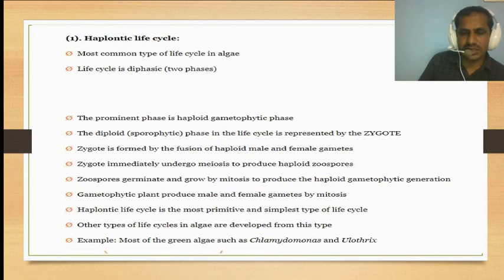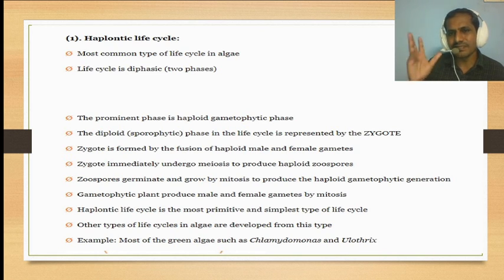So what is the haplontic life cycle? It's the most common life cycle in algae, and also the simplest life cycle. The life cycle is diphasic in nature. What do you mean by diphasic?